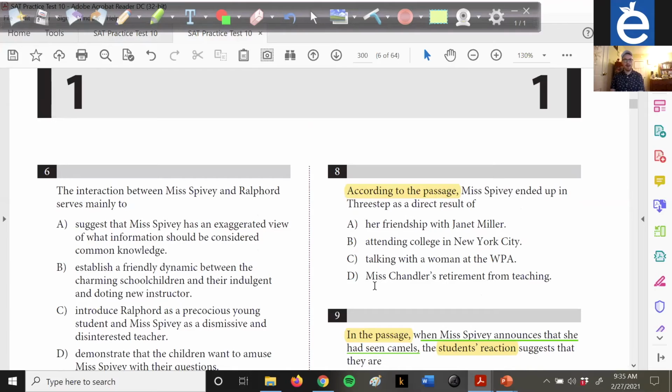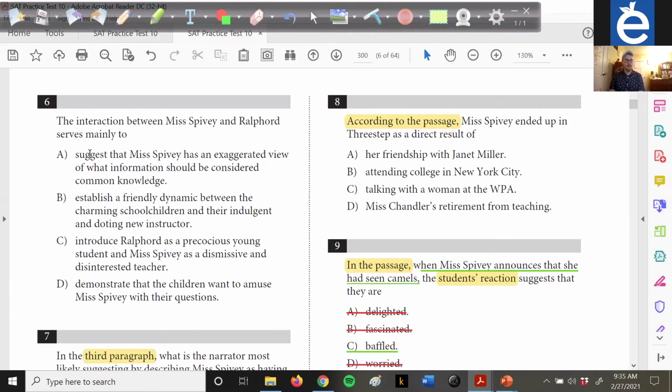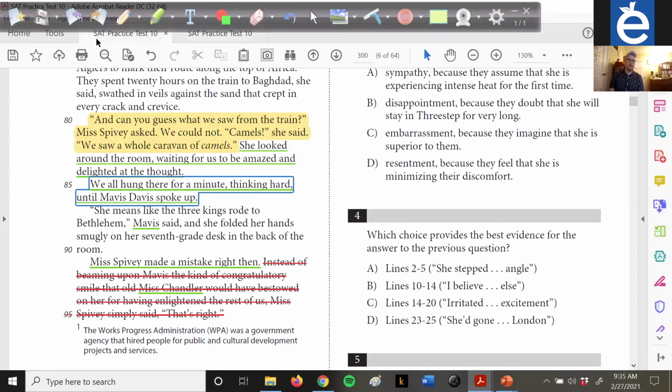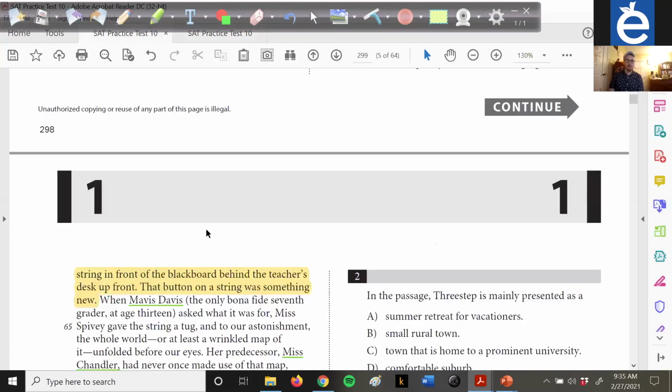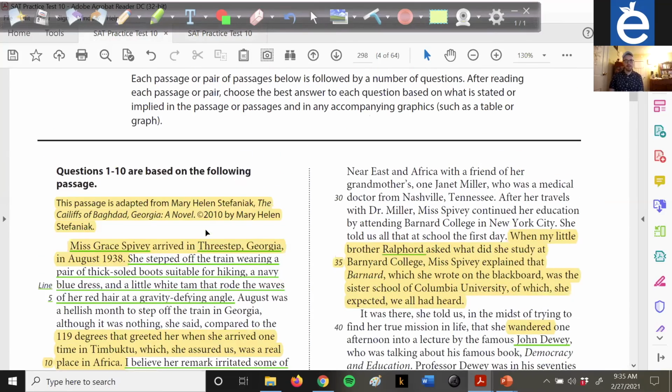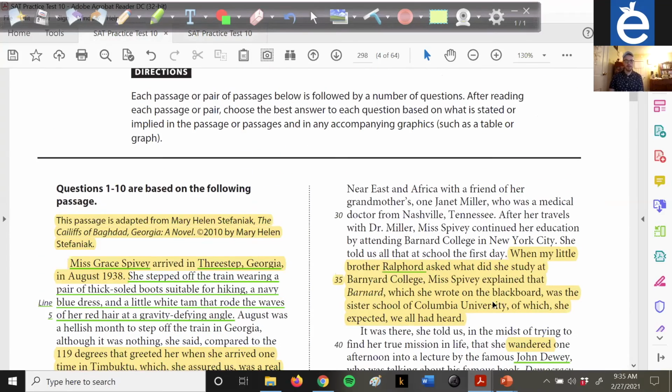Do we have any other line questions lingering around? Well, we do have this interaction between Miss Spivey and Ralford, so that's a little more specific than the whole passage. Now, in case we forget, this was the interaction. So let's look at the sentence before it for context.